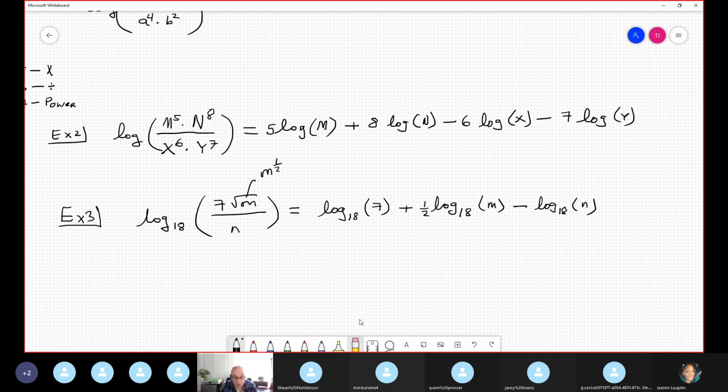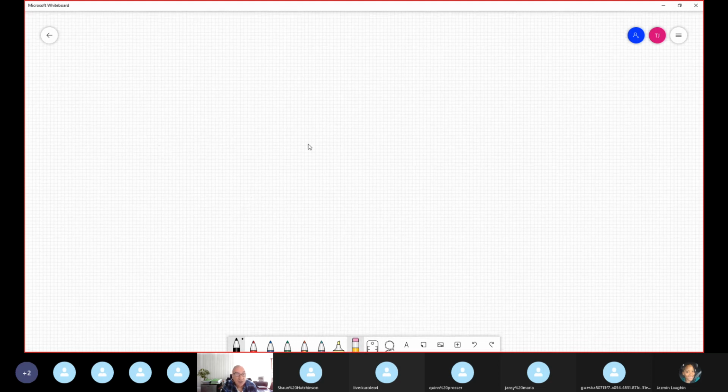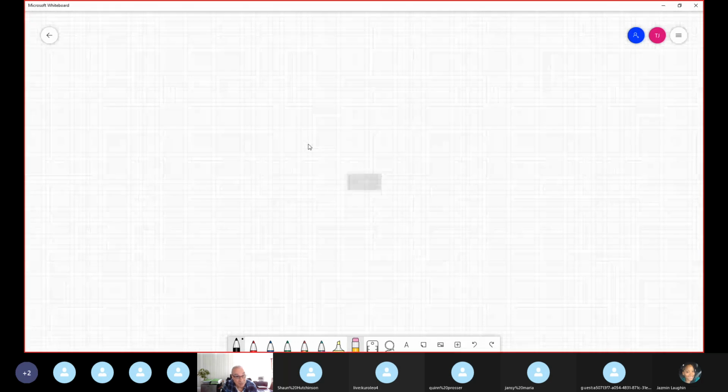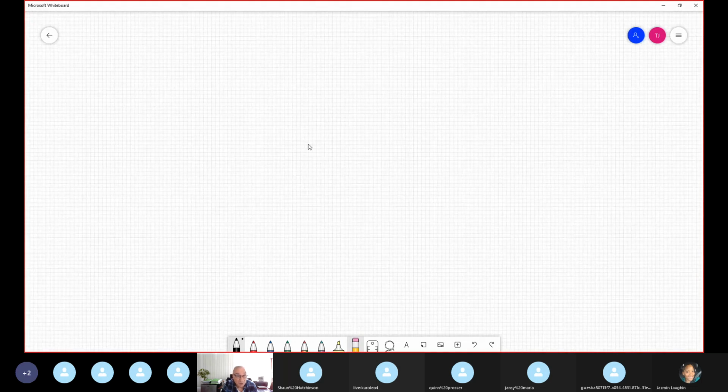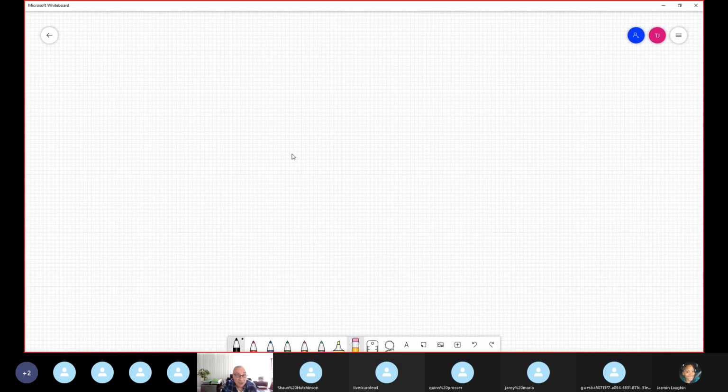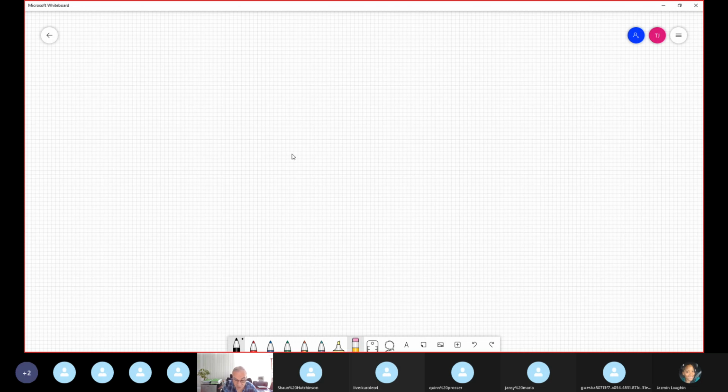So I anticipate something: this property we are using for solving exponential equations and logarithmic equations. But let me start with exponential equations that we cannot solve the traditional way. The traditional way, remember, is when you express both sides using the common base. It's impossible. We did this before.